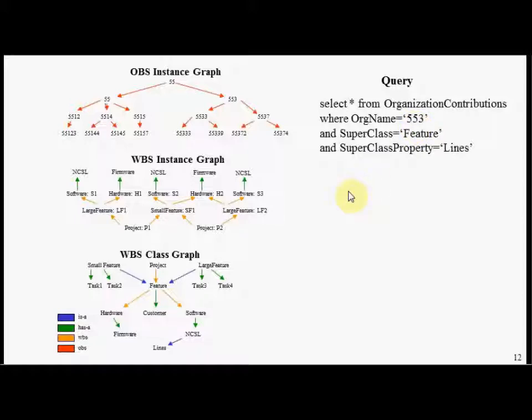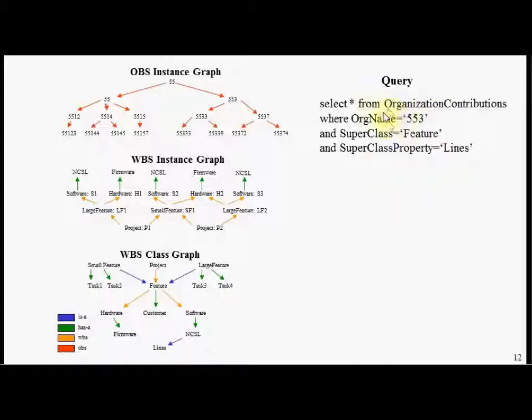Now, the interesting thing about this query is the following. Let's say tomorrow that someone decides to change this class definition, decides to introduce something called a very large feature. What would we have to do to this query to incorporate the notion of a very large feature? The answer is nothing. This query does not need to change at all. What if tomorrow someone decided that, in terms of lines, we also want to call firmware a kind of lines also?